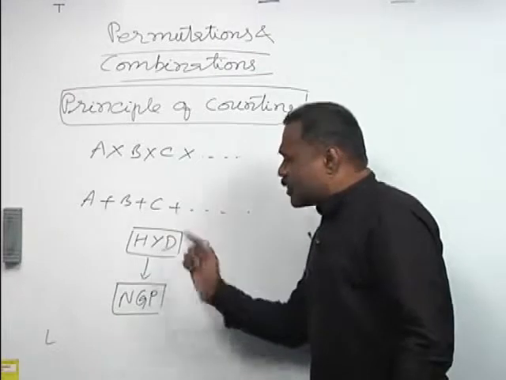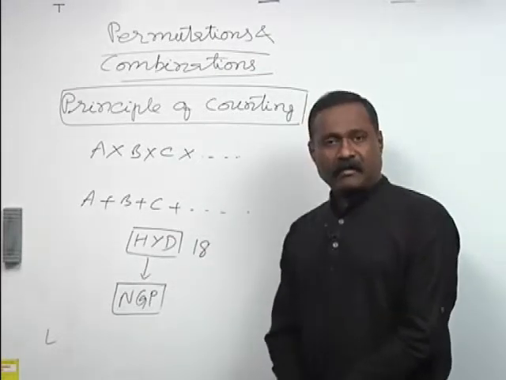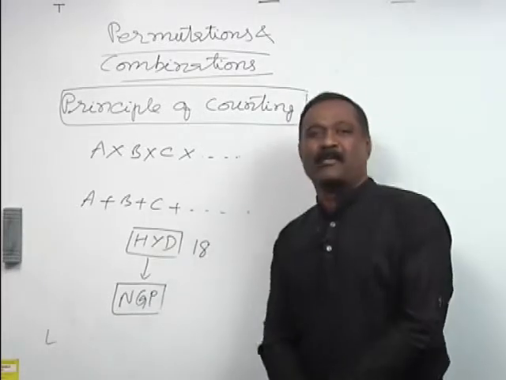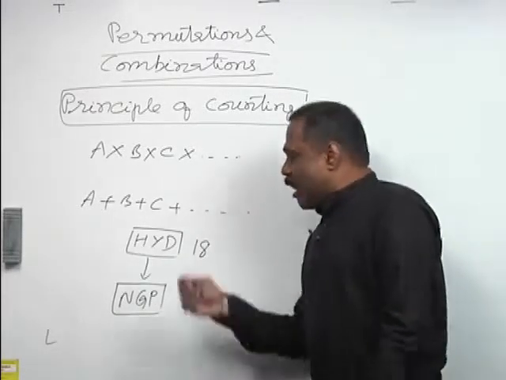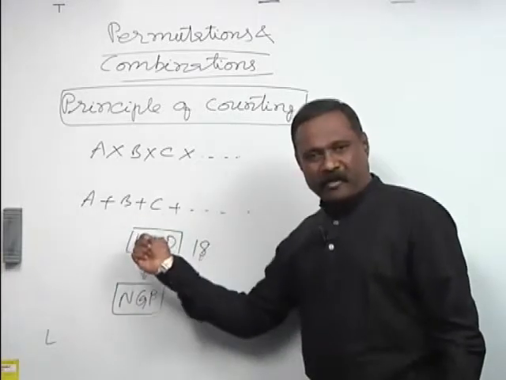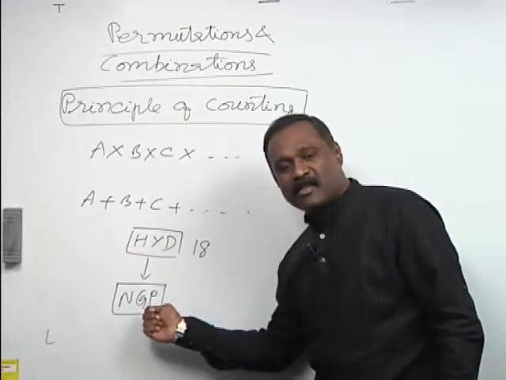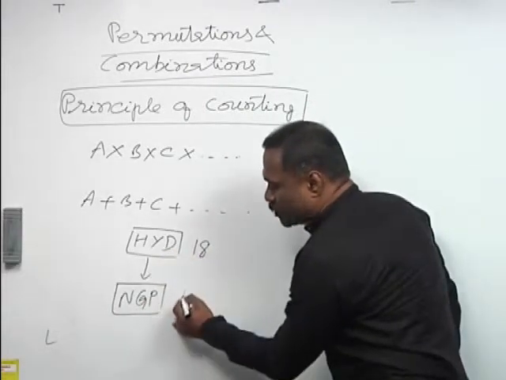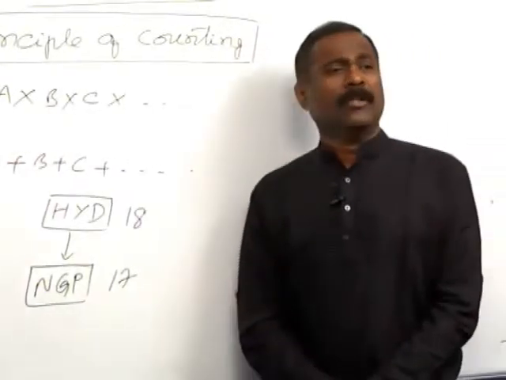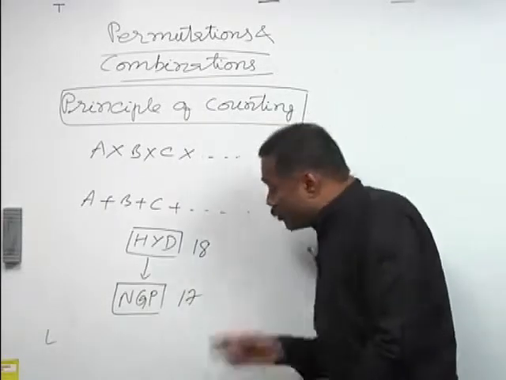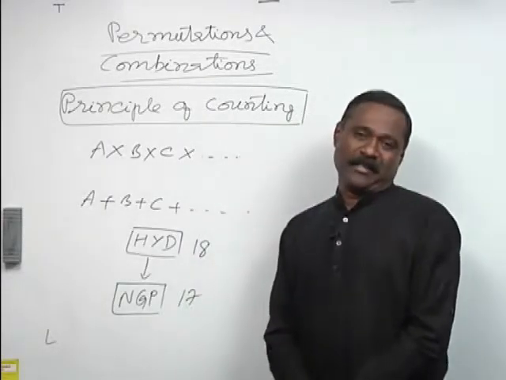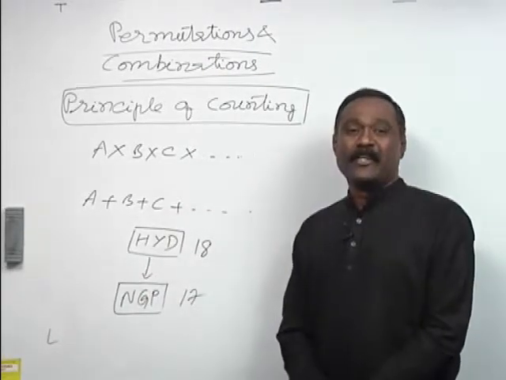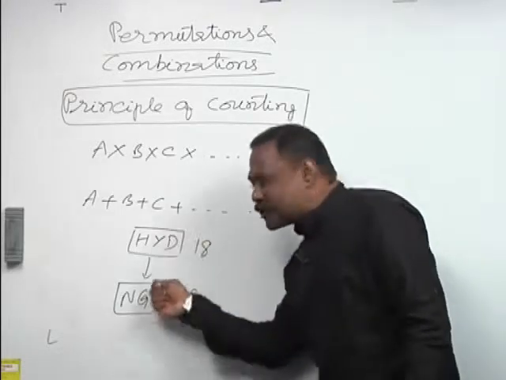If one station is already printed, how many stations remain to be printed in the second place? Because one station is already occupying the first place, the remaining stations are to be printed in the second place. Remaining are 17. You may ask, sir, why not 18? You never take a ticket from Hyderabad to Hyderabad. That is why the two stations on any ticket will be different.